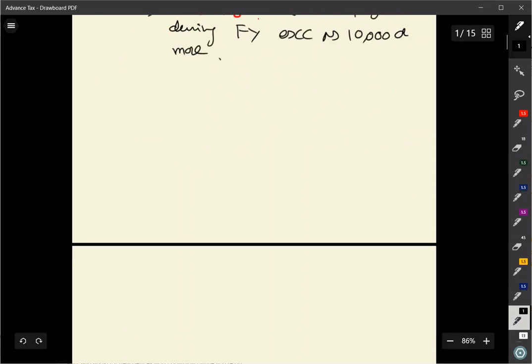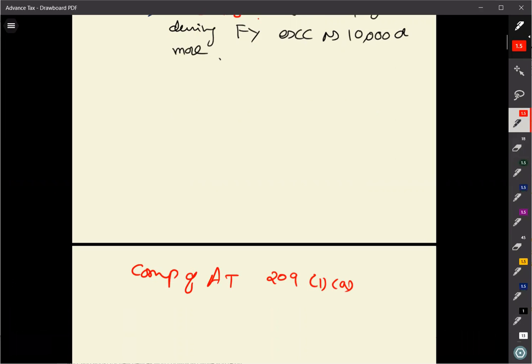Now, let us see how we compute the advance tax. Computation of advance tax. For this, we need to refer to section 209 subsection 1A. Section 209 subsection 1A tells you the method of computation of your advance tax.